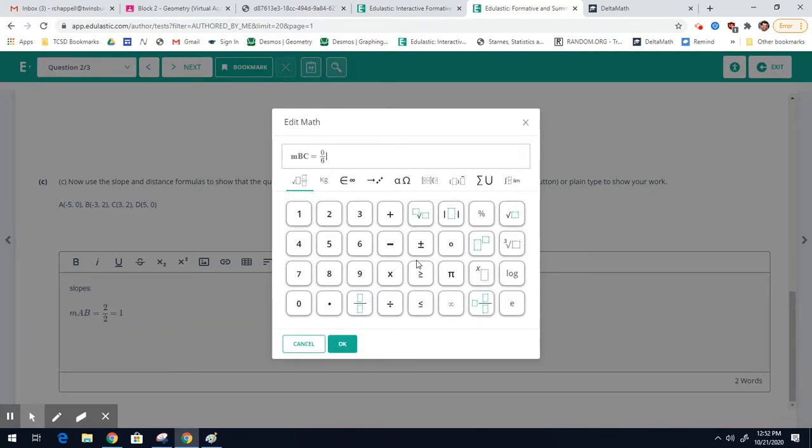If 0 is your numerator and it's divided by anything other than 0, the answer is going to be 0. And you might know that because BC is horizontal, it has a slope of 0. Horizontal lines have a slope of 0. Vertical lines have undefined slope. So keep that in mind, because for a vertical line, your run is 0. Your denominator is 0, and a denominator being 0 is called undefined.